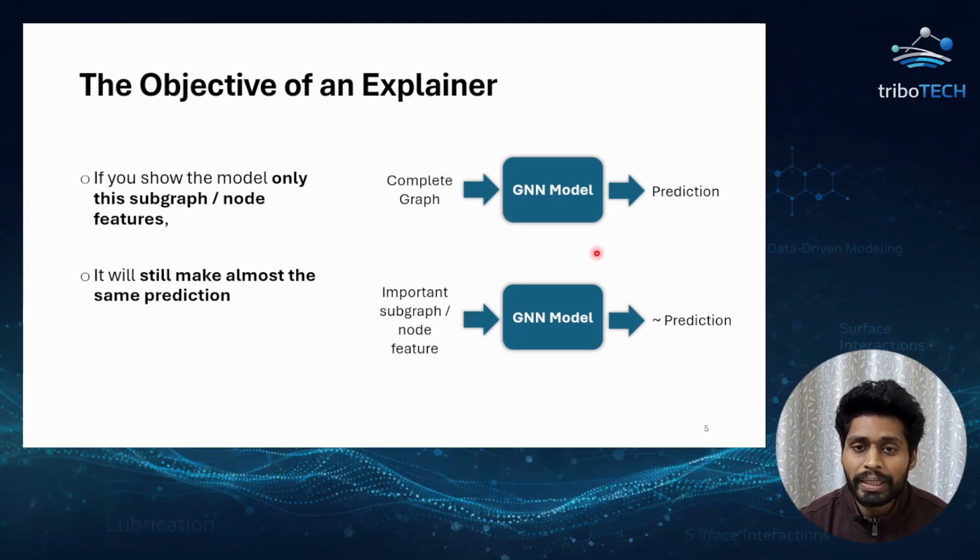That implies that we can replace the complete graph with just this short substructure. That indicates how significant or important this subgraph is and how well it influences the model predictions. So this is the objective of an explainer, that is, to identify such important substructures within the graph.